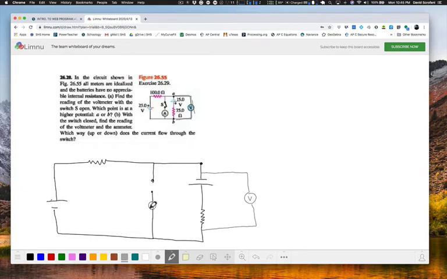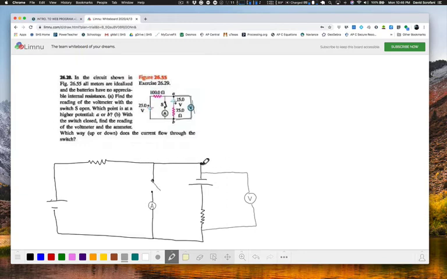And ammeters are the opposite. They have very little resistance, so you can put them right in the flow of the charge, and they don't disturb things. They don't increase the resistance of that branch of the circuit. All right. And let's see what else. I've got the switch, which I have to draw. So the switch is initially open.